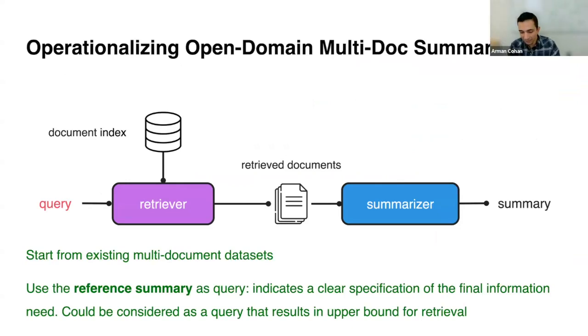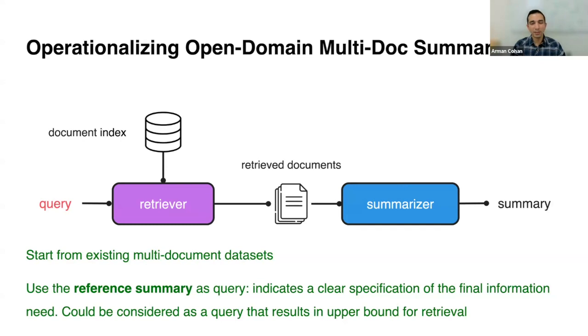Yeah, no, that's a great point. Again, one of the limitations of this study was that we just used reference summaries as queries, because there's no dataset that we were aware of that existed that supported this task.